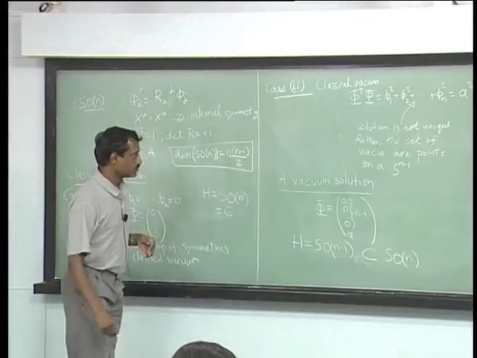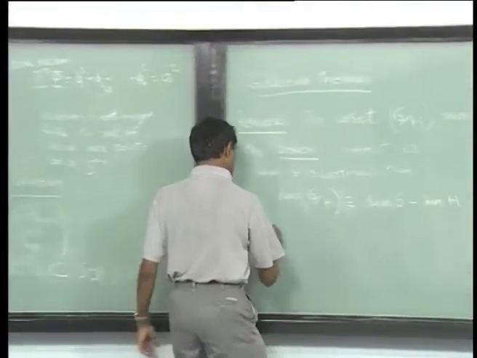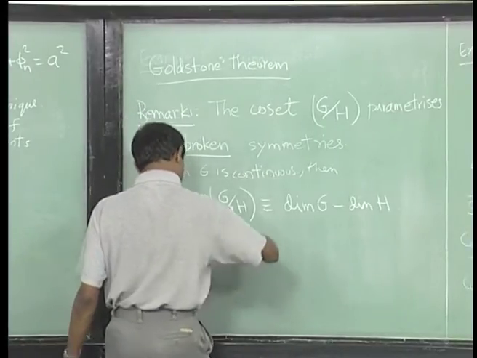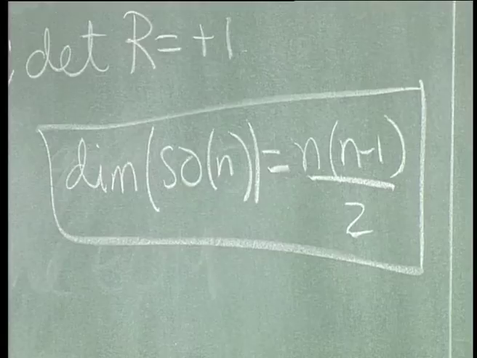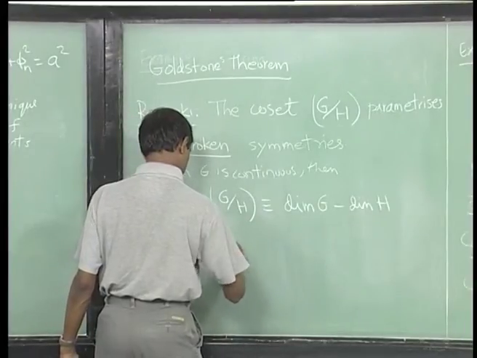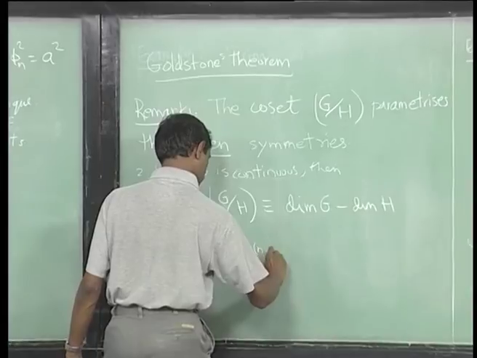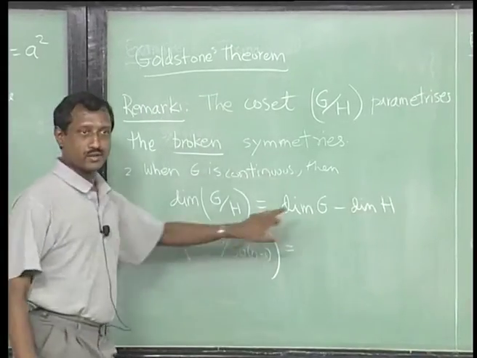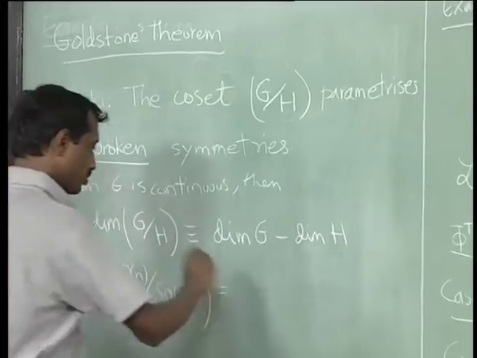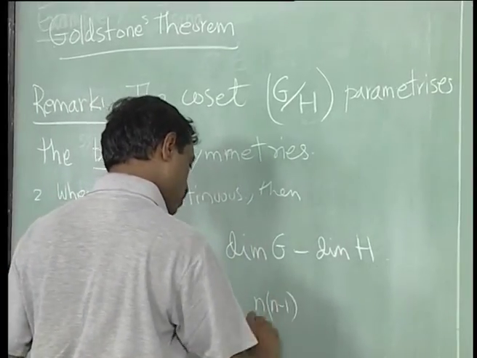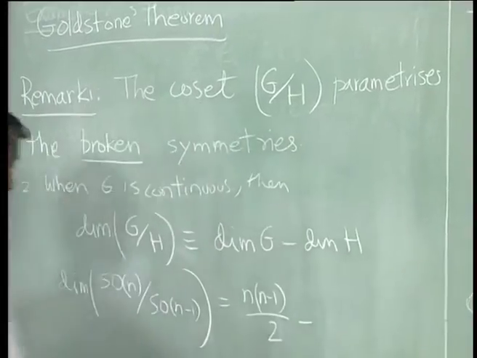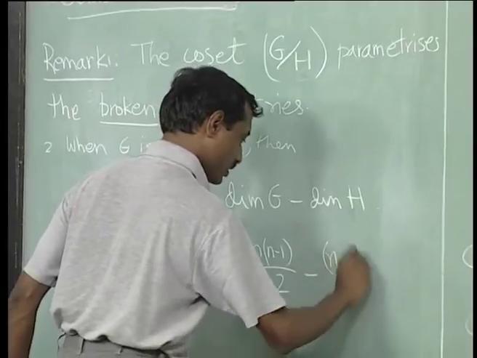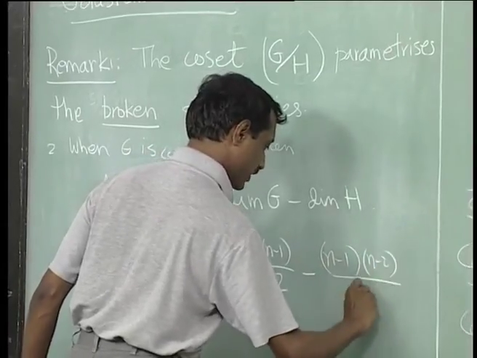In particular, the dimension of the coset should be equal to the dimension of SO(n), which is n(n-1)/2, minus the dimension of SO(n-1). So I should just subtract, and that becomes (n-1)(n-2)/2 subtracted.